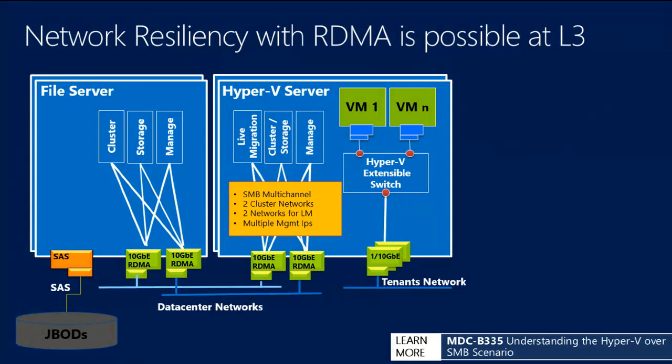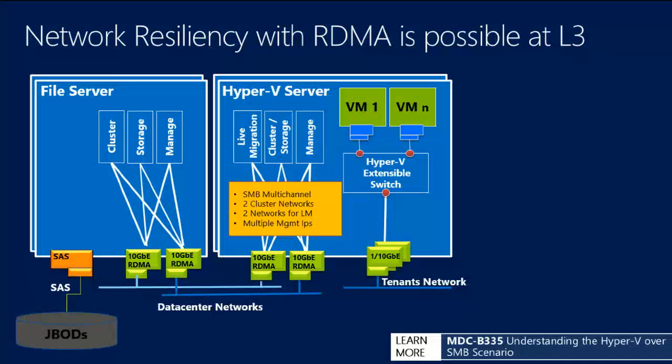So if NIC teaming is an L2 feature for combining two NICs together to behave like they are one, and you want resiliency at that level and you want two different NICs and RDMA, then you can use the layer 3 ability of all of the different traffic flows to actually use the two NICs together. So you can use SMB multi-channel, which will allow the SMB stack on the server to use two different NICs in parallel. You can configure the cluster to know about the two NICs and two networks and use both of them.